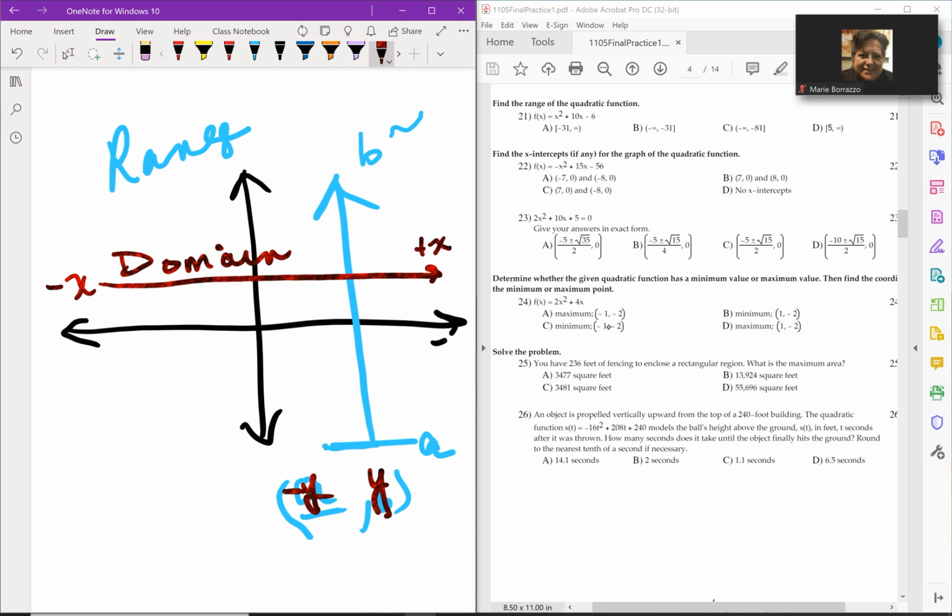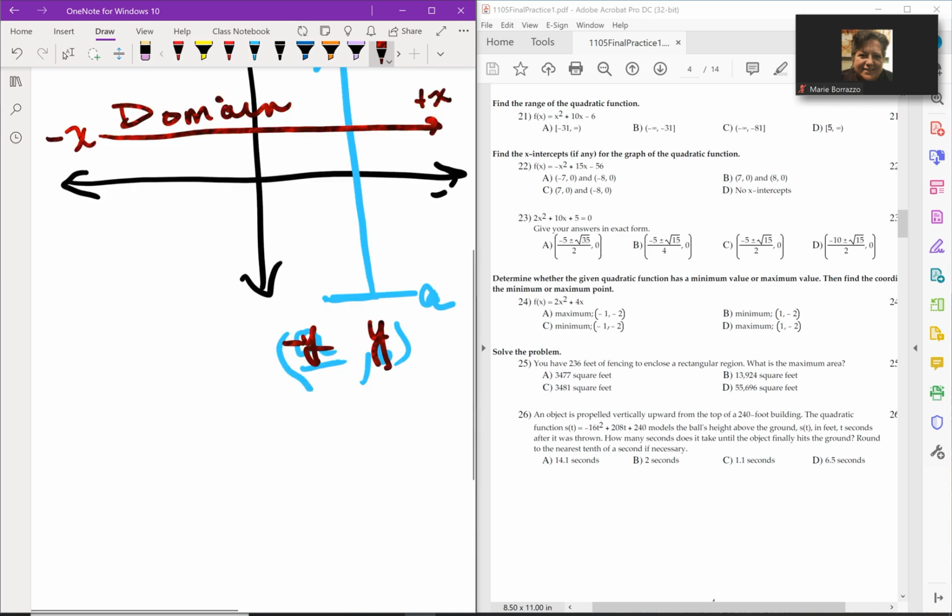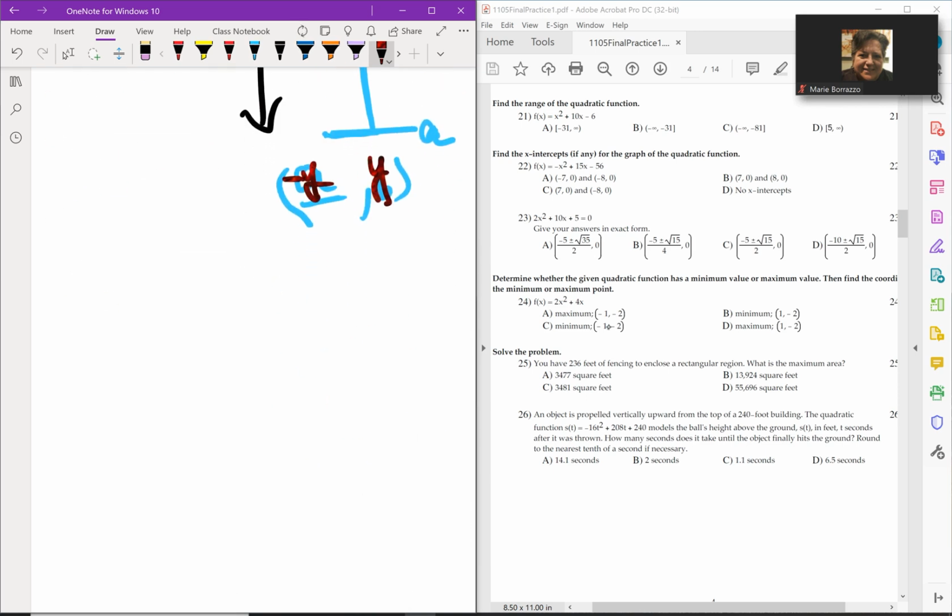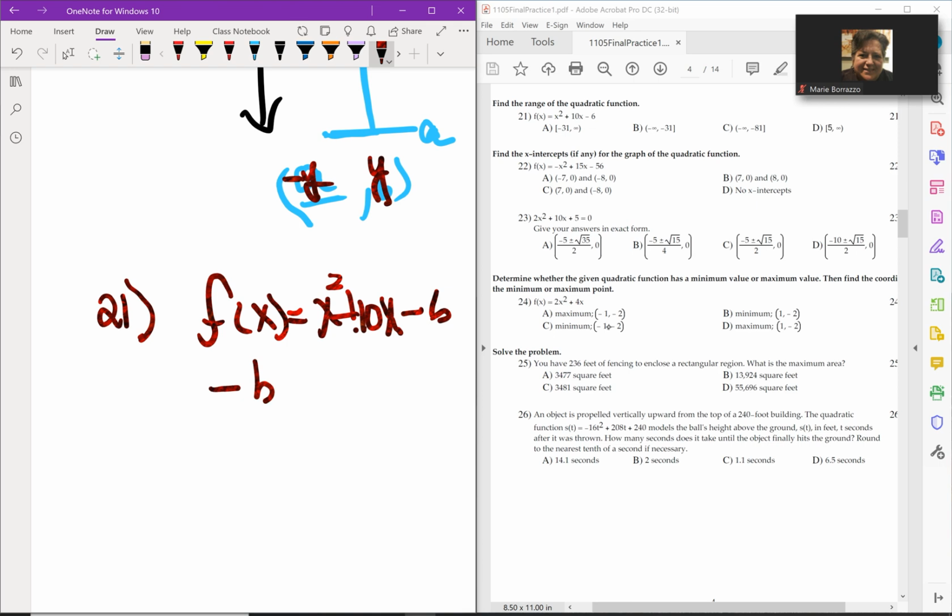let's find that axis of symmetry first. On number 21, the way I would approach this is if I have f of x equal to x squared plus 10x minus 6, I'm going to use negative b over 2a to find the x term of the vertex.